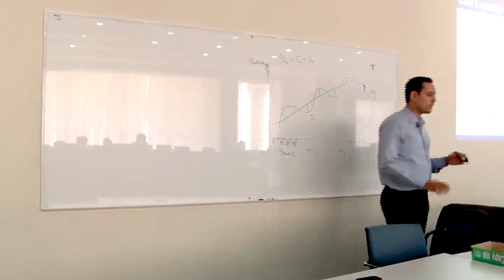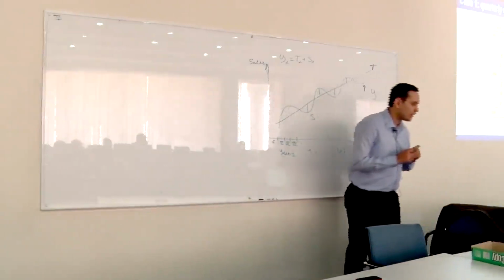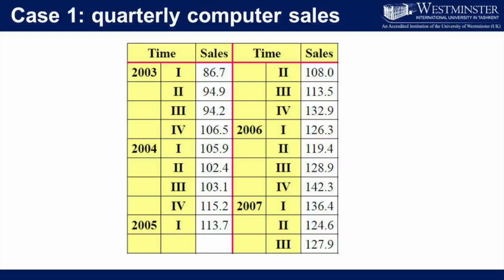Now, we're given data here that shows quarterly computer sales over 5 years, starting from 2003 first quarter to 2007 third quarter.